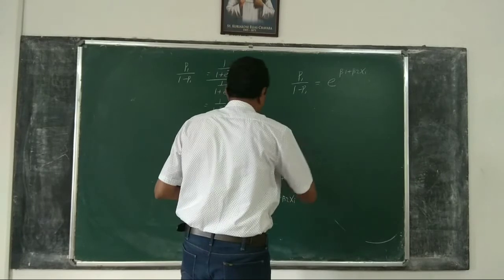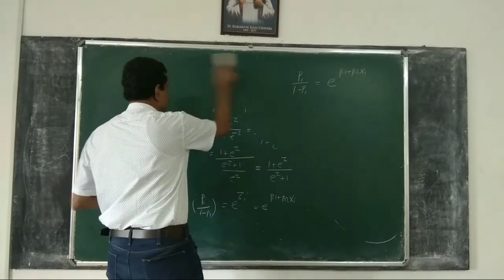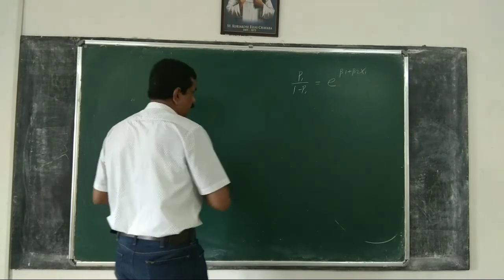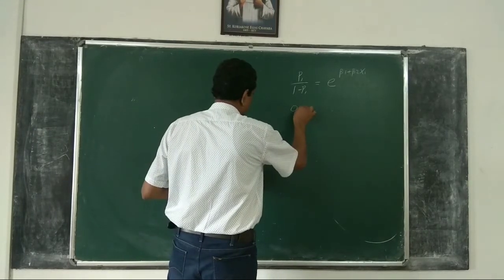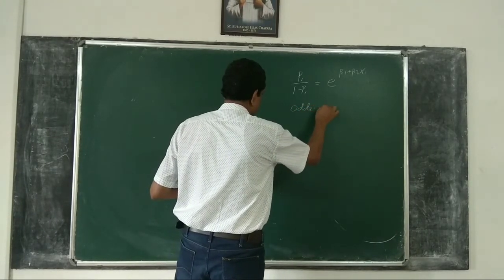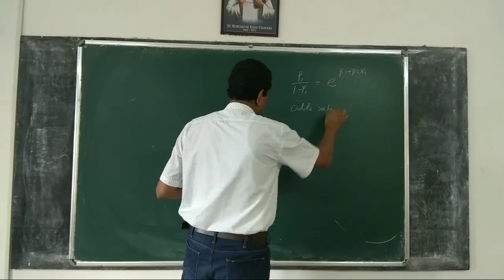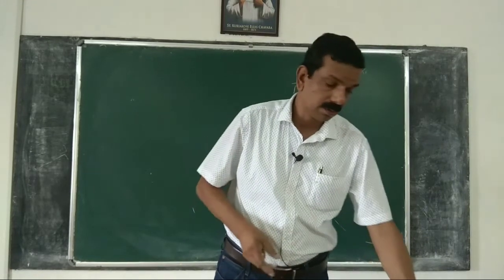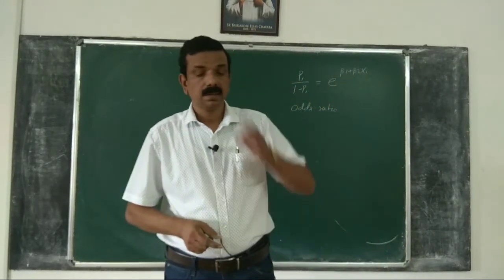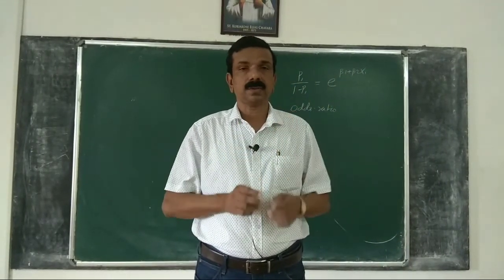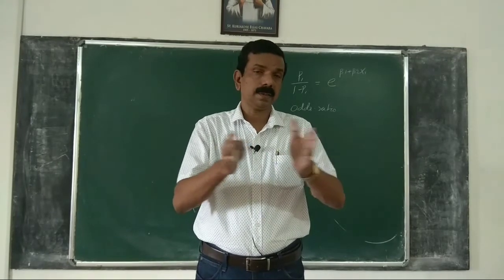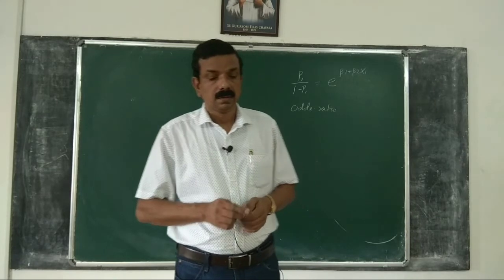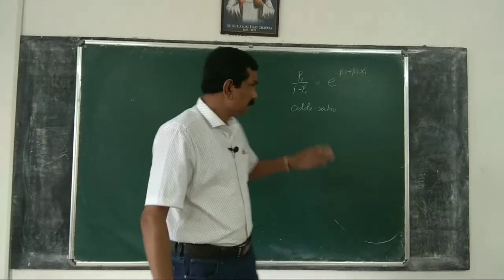Now what is this Pi by 1 minus Pi? This is known as the odds ratio. Pi, for example, is the probability that a family will own a house, relative to the probability that it will not own a house. So it is the odds ratio.